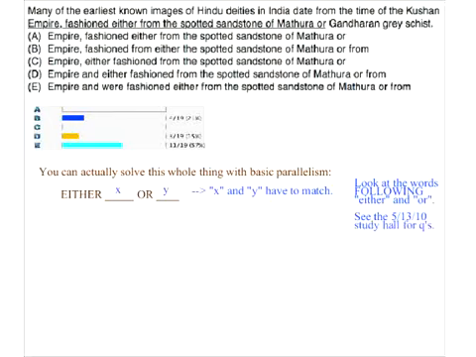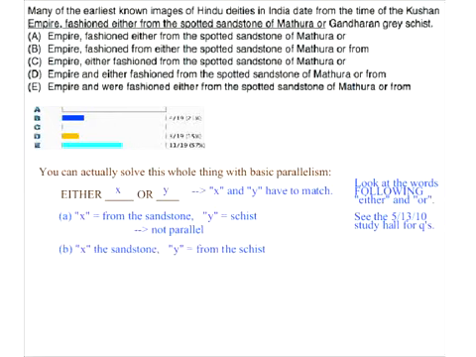So in choice A, the words after "either" are from the sandstone, but the words following "or" are just the schist. So that's incorrect. It's not parallel. In choice B, the words following "either" are just the sandstone, but the words following "or" are from the schist. It's the same problem that A has, but just the other way around.